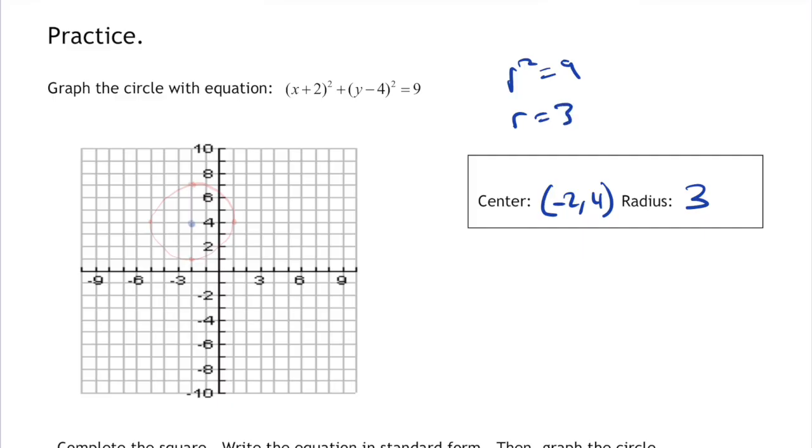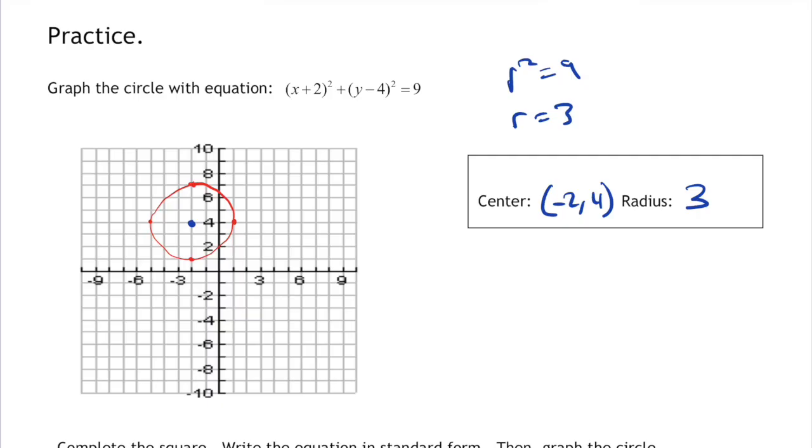So I put my point down, (negative 2, 4), and then we can go to a radius of 3 up, right, down, left, and then just make our circle.